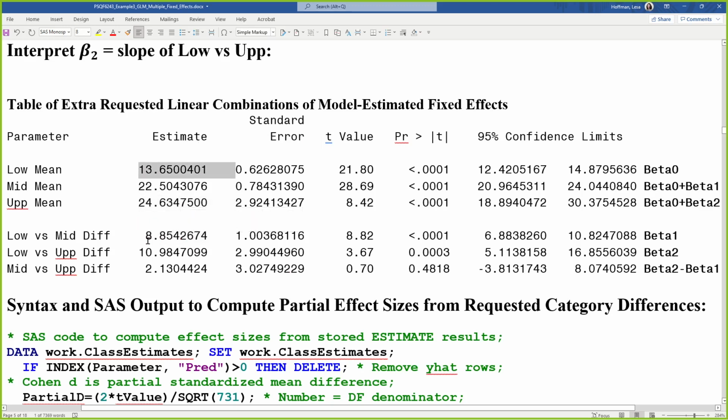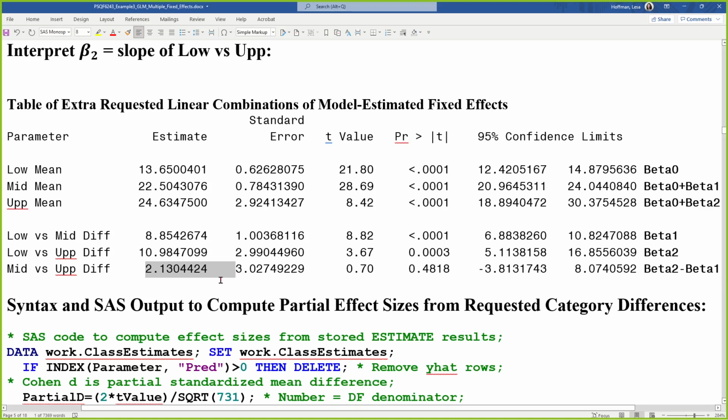So 13 plus 8.8 is 22. 13 plus 10.98 is 24. And 22 versus 24 is the 2.13. So the upper group is higher relative to the middle group by 2.13.